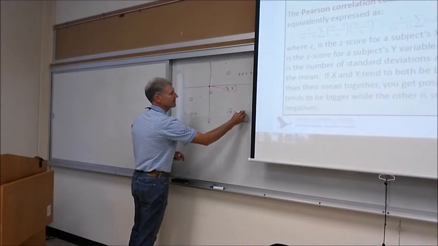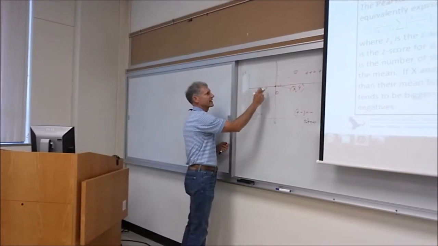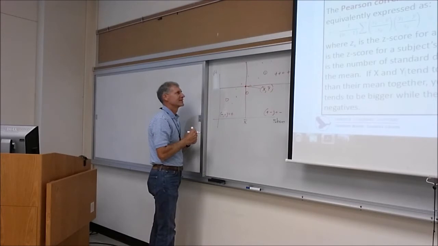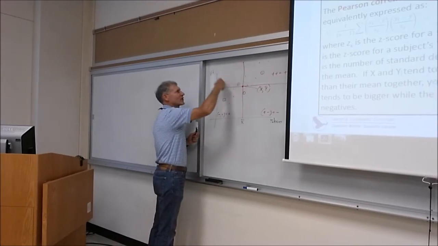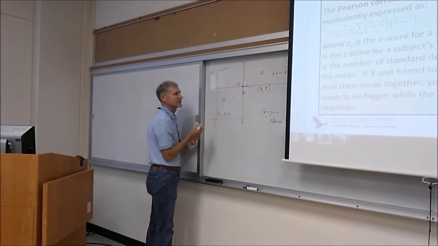So you're going to get a negative value when you multiply together. And same thing up here. I didn't have any points, so let me add one. If you have a point in this quadrant, you're going to have a negative times a positive, which is going to be a negative.